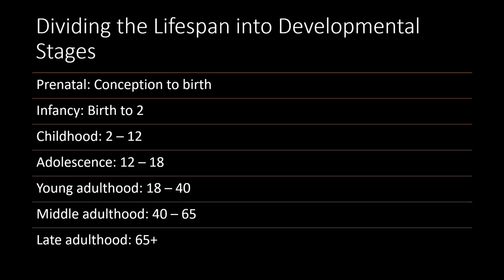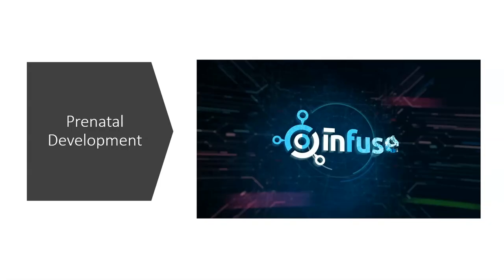Again, these are very socially prescribed and agreed upon periods within the lifespan, but do understand that they are somewhat arbitrary. Now we're going to start our discussion with prenatal development, because there is a lot that happens before people are even born that can have an impact on their development later, after birth. So we'll start with just a little journey into prenatal development.